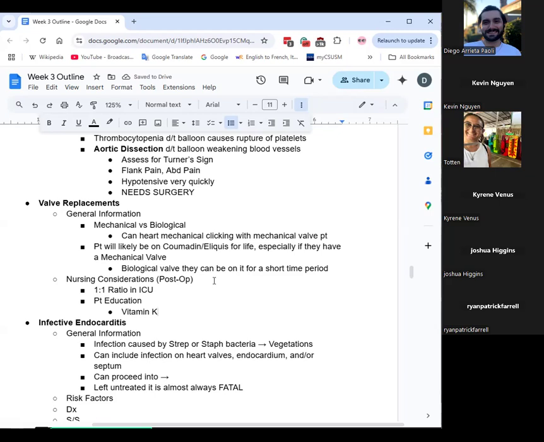It's going to be specific to valve replacement, as well as anything that causes damage to the valve. So people with valve regurgitation, people that have damage to the valves, maybe due to an endocarditis, for example, but then need to have their valve replaced because they have weakened valves. Anything where there's an issue with the valves can lead to vegetation growth getting stuck in that area, in which case that becomes the infective endocarditis.